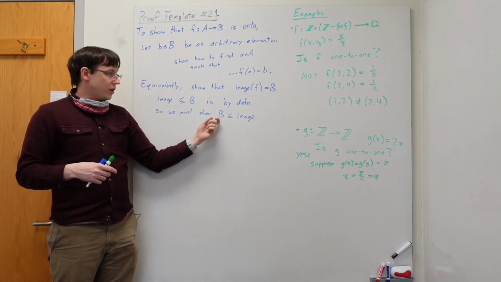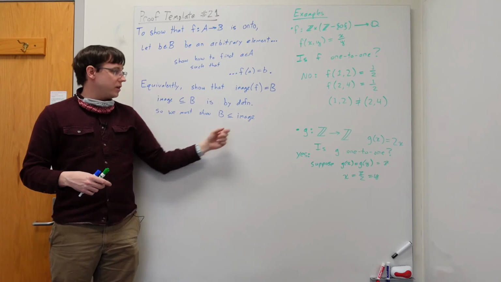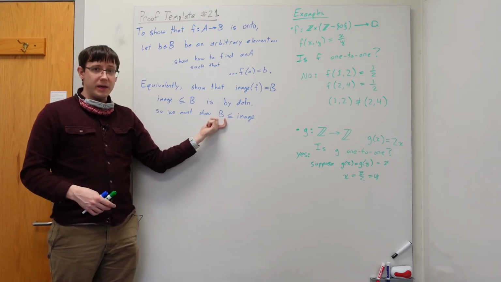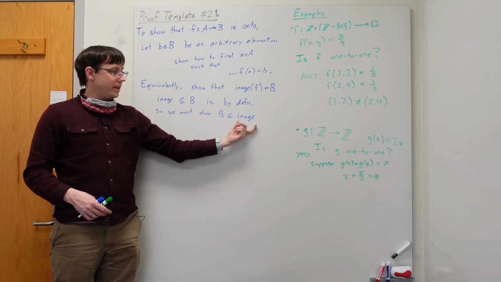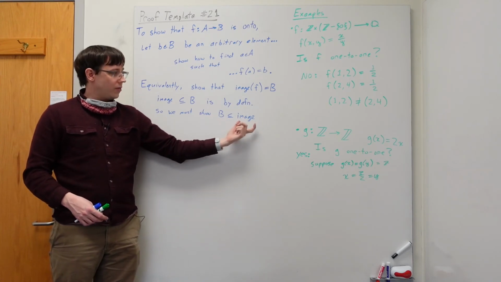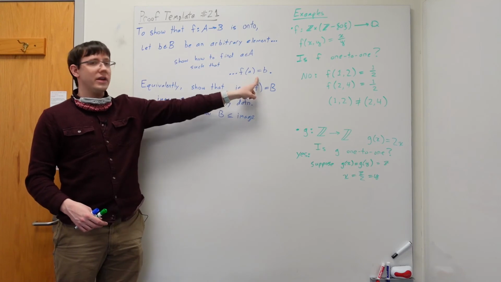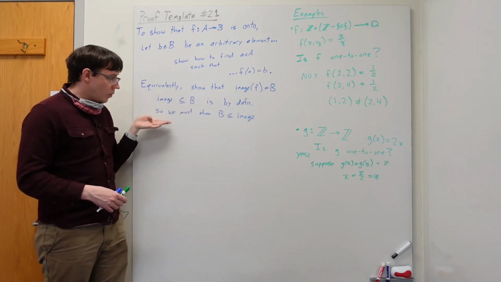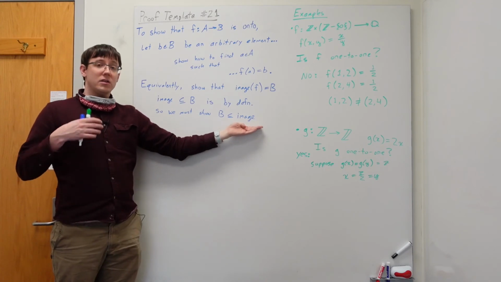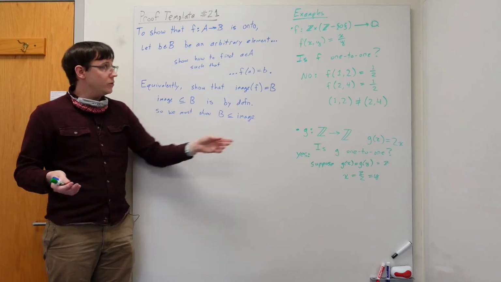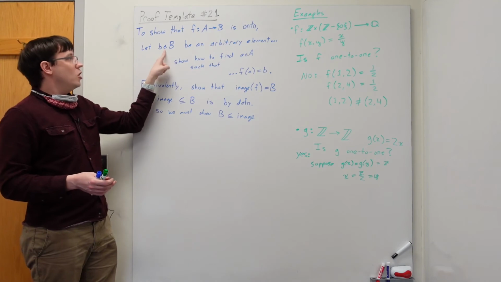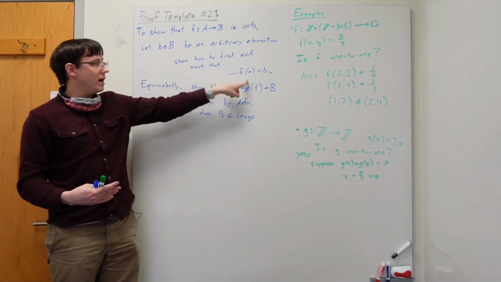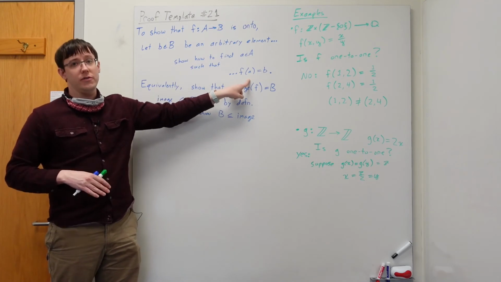And the way that we show that b is a subset of the image is we hypothesize we have some element of b and show that it is in this set, where this set is the things that are produced as some output of the function. And so, in fact, this set equality proof amounts to exactly the same thing we have here, where we hypothesize an arbitrary element of b and show how to produce that as an output of the function.